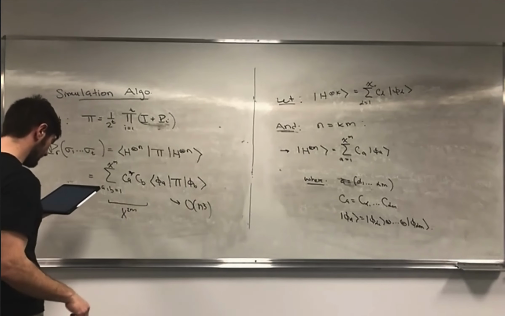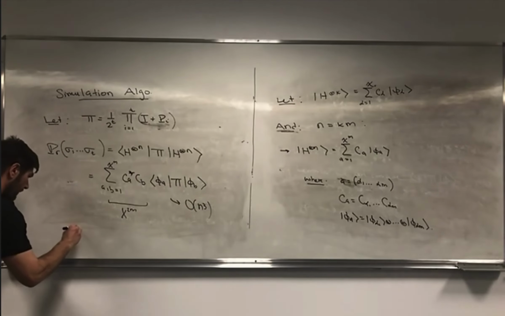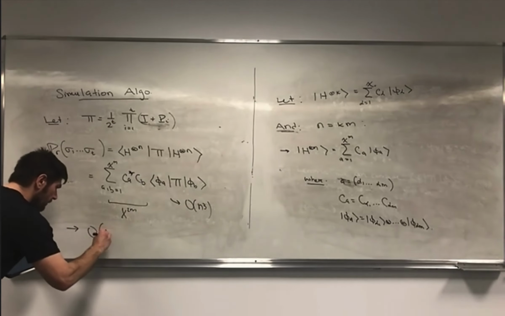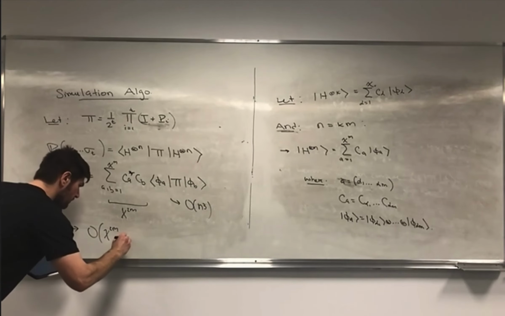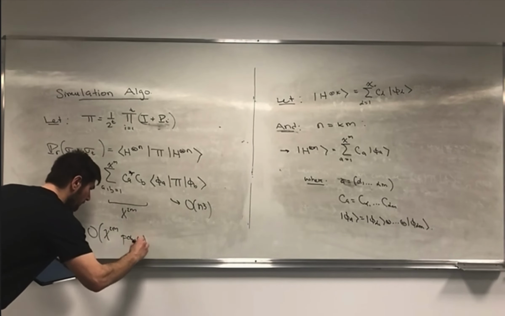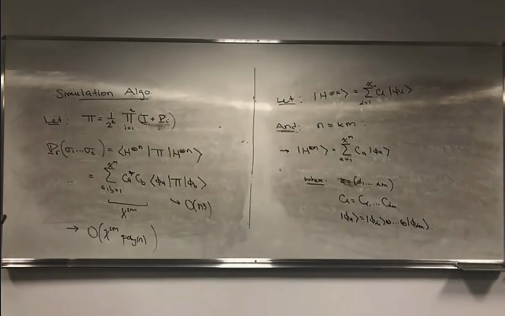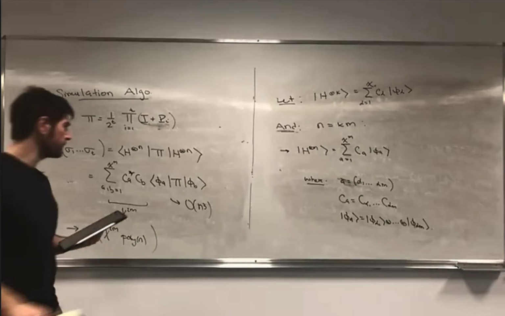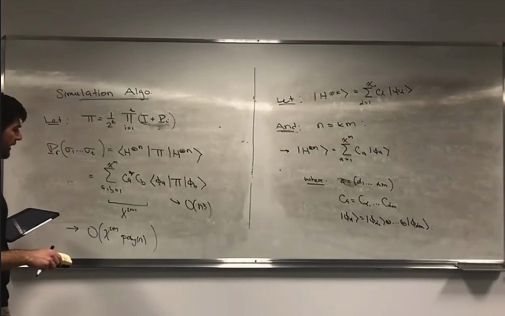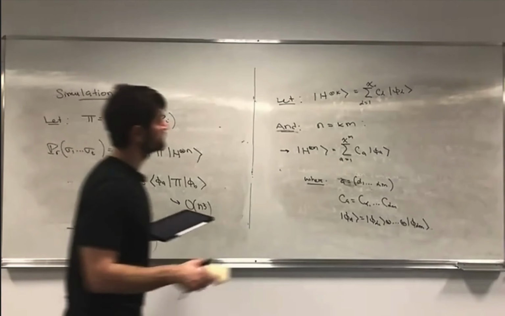So this is precisely, you have a runtime of order chi to the 2m times poly n. So this is precisely the runtime. Now let's just do one more thing to show how you can get a good number out of this.